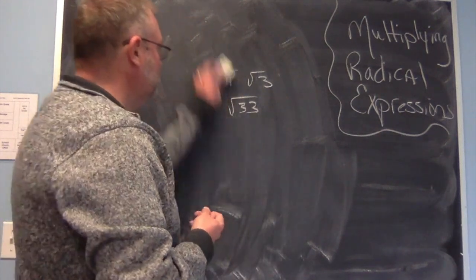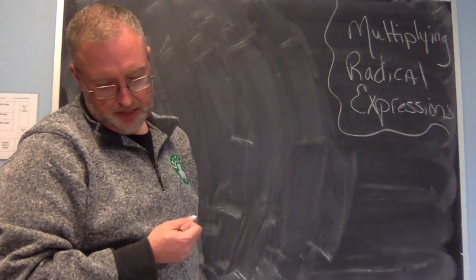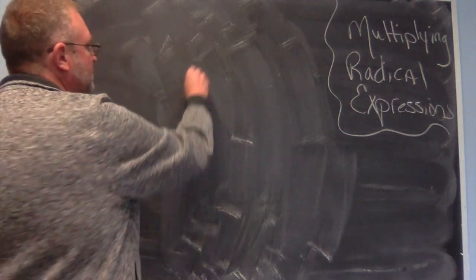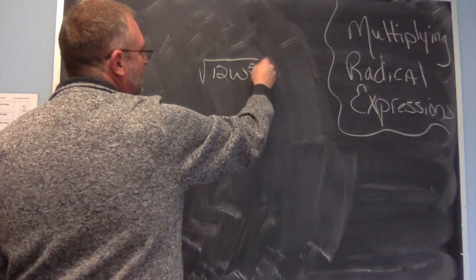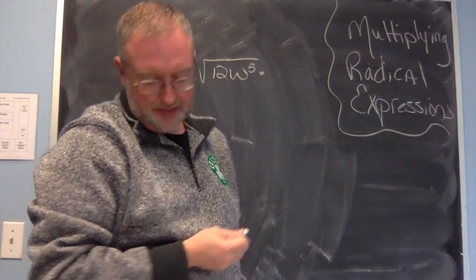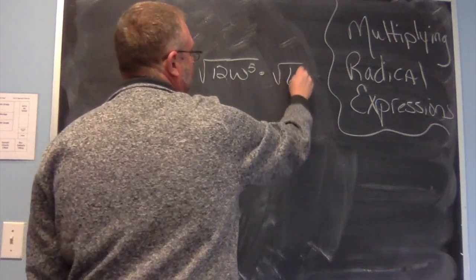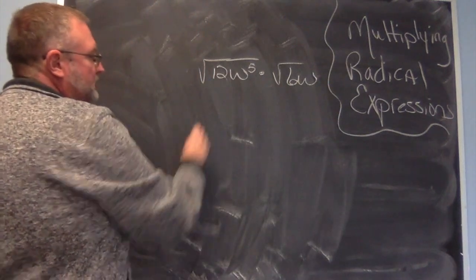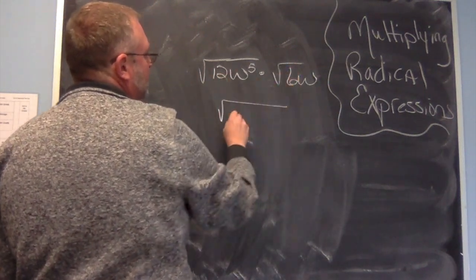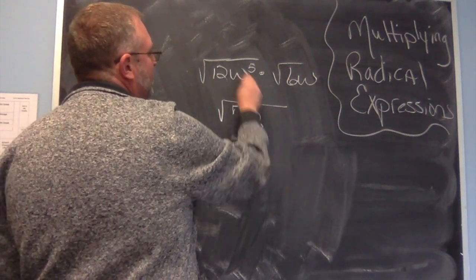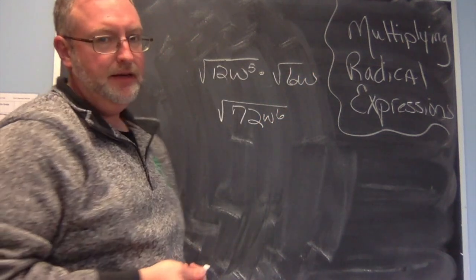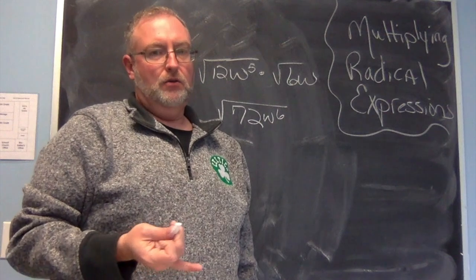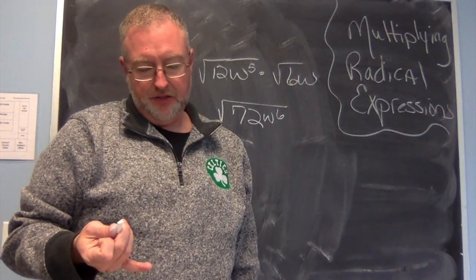Number 8 says the square root of 12w to the 5th times the square root of 6w. I multiply the 12 times the 6, which is 72. W to the 5th times w is w to the 6th. Now I have to simplify this problem.